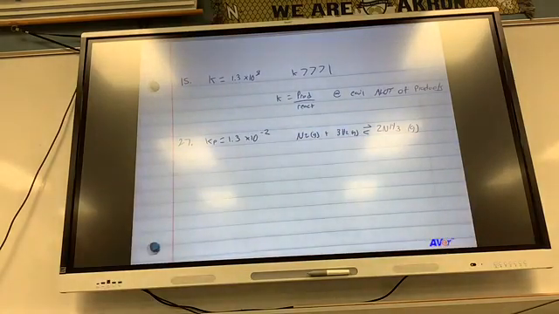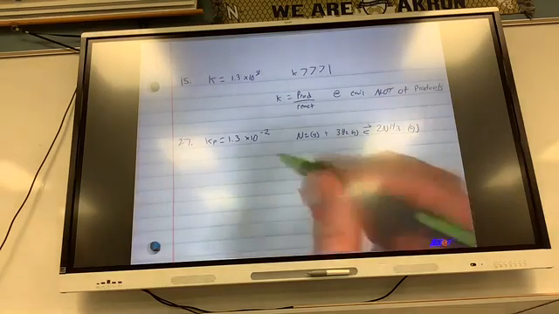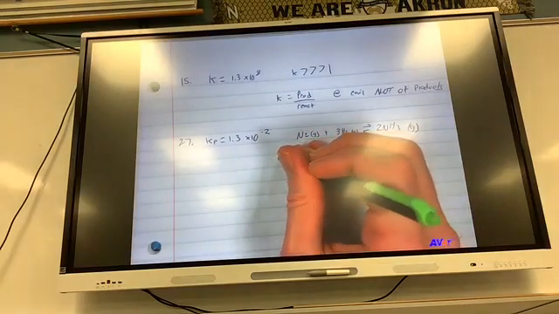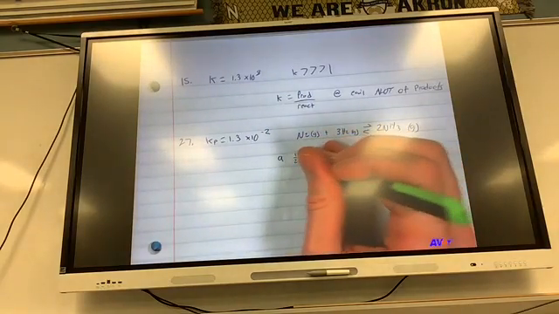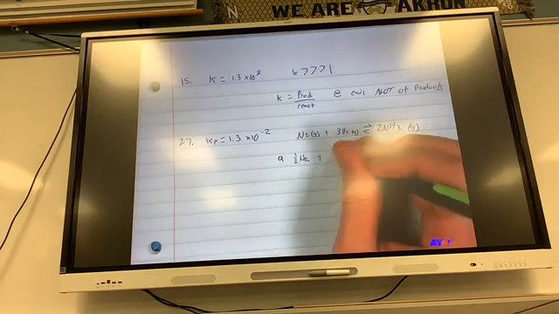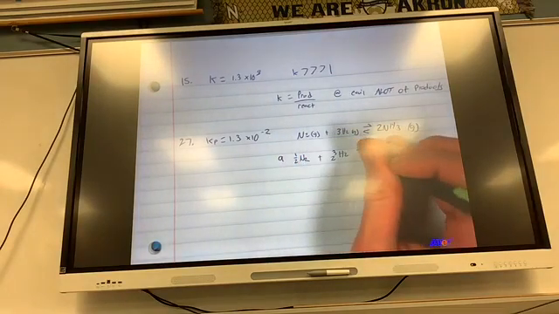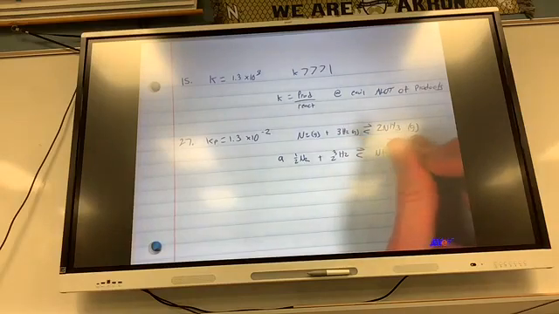Calculate the values of K for the following reactions at this temperature. So on 27, I have different reactions. So I'm going to do letter A first. Here's A. So to compare, A is 1/2 N2 plus 3/2 H2 is in equilibrium with NH3.